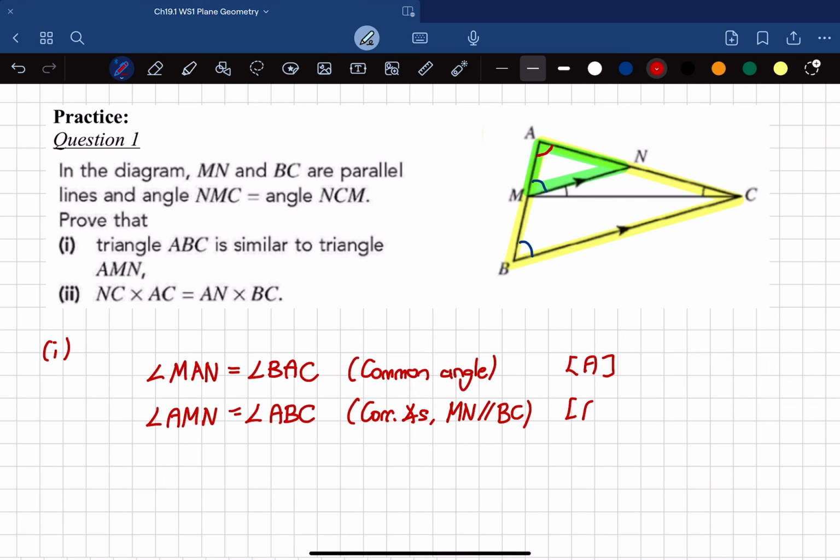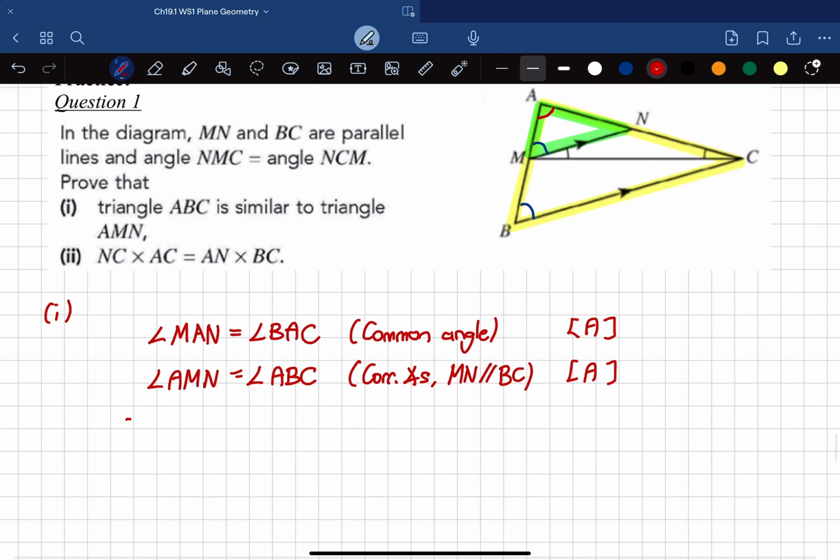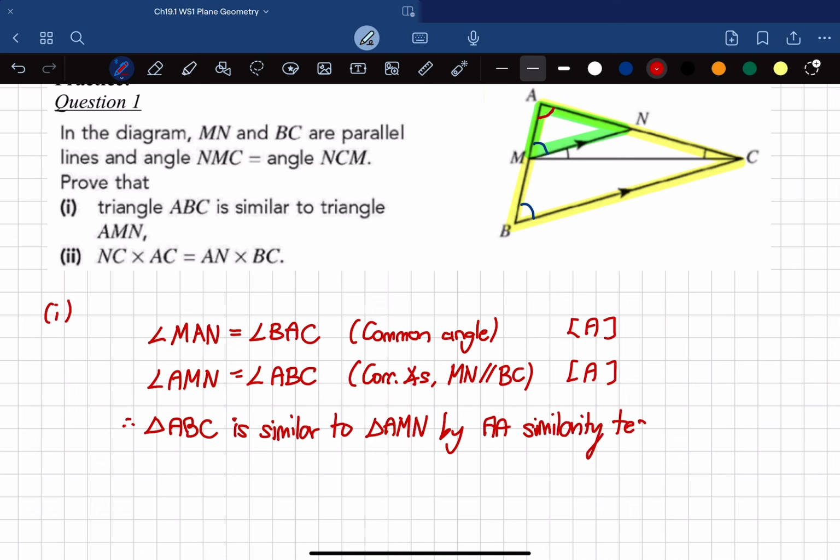And this is the second A. So I can conclude that triangle ABC is similar to triangle AMN, by the AA similarity test. And this is for part 1.